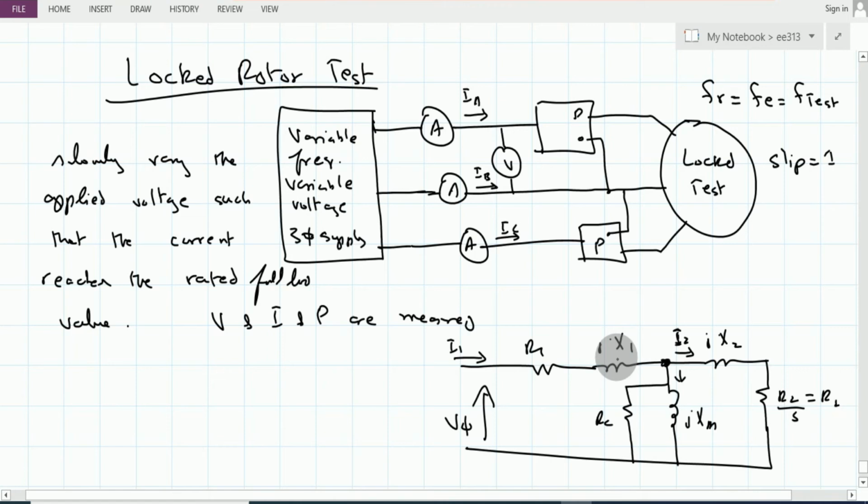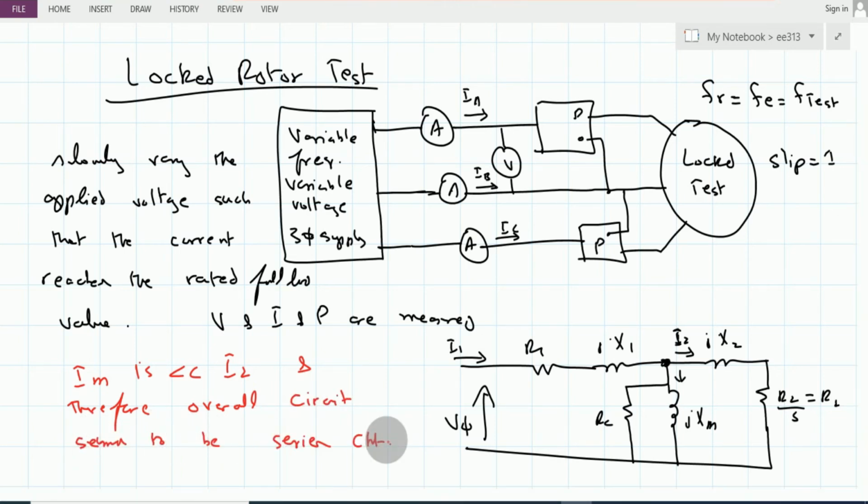So the overall circuit, if we ignore this IM here, for this test, this IM is much smaller than this I2, and therefore the overall circuit seems to be a series circuit.